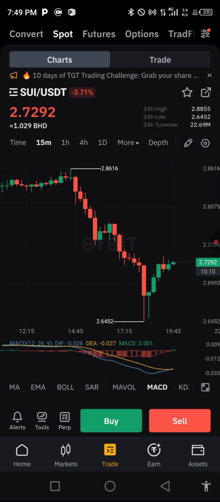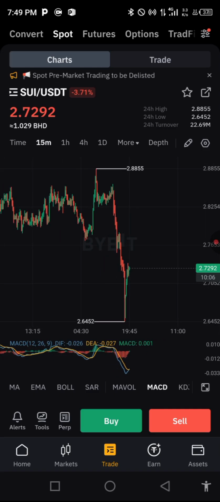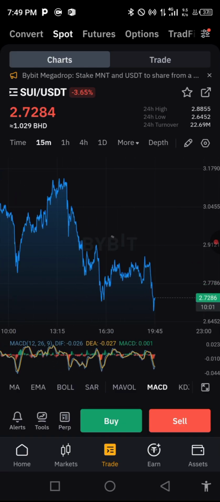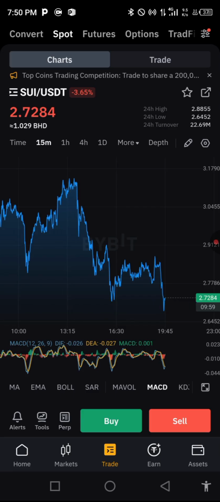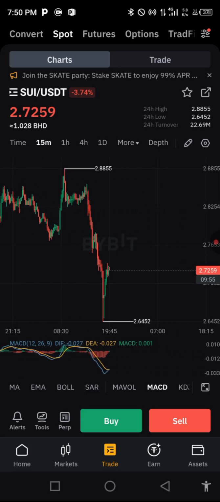Let's assume that the price is going to appreciate. Looking at it here, you can see that the price is currently down, so we are expecting the price to go up and we can sell it off. Now you just go and click on buy.